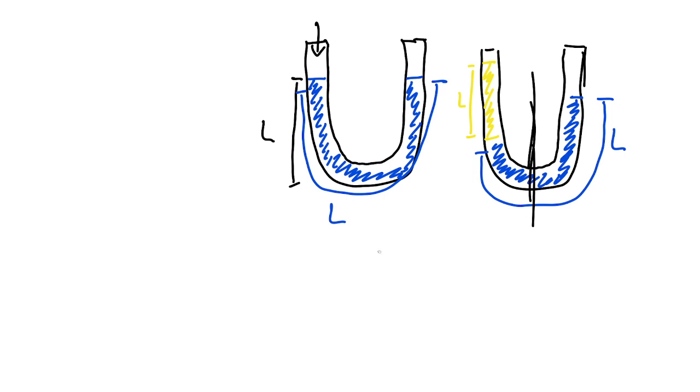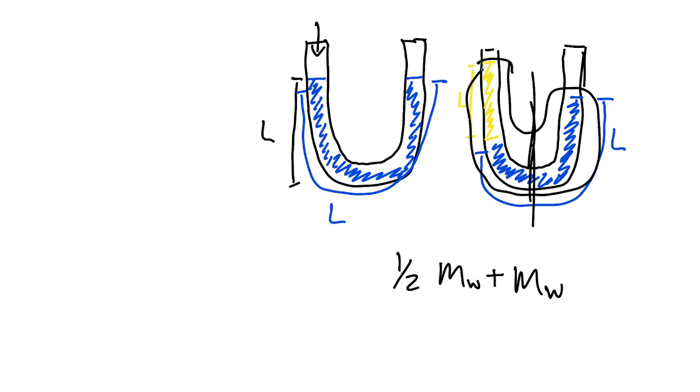So let's think about how this would work, right? This length of oil, since it has half the density of water, is also going to have half the mass of water, right? So let's say that we have half the mass of water, plus some mass of water, is going to be the total mass of all of this fluid, right?